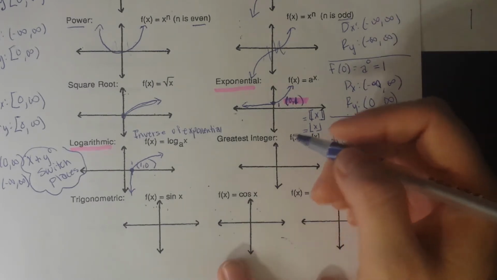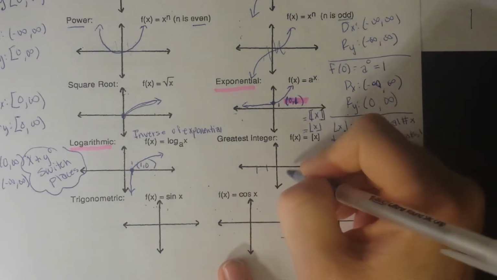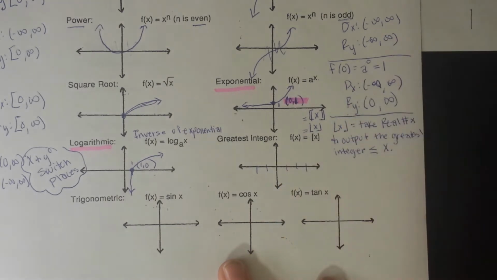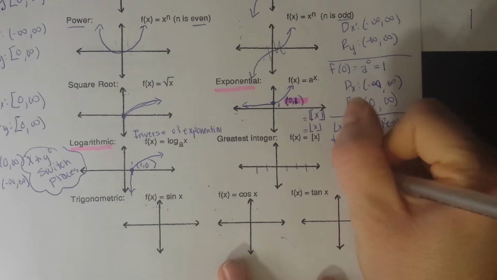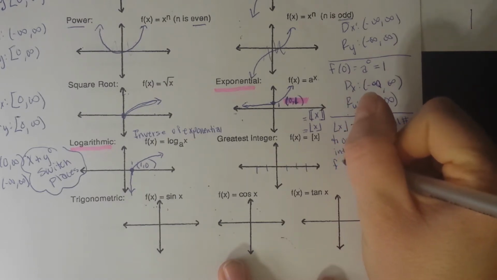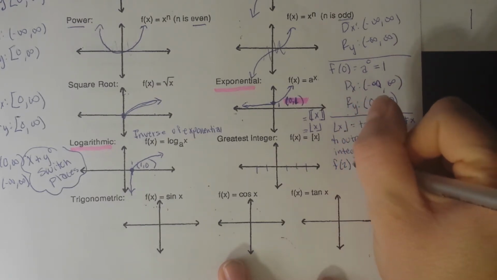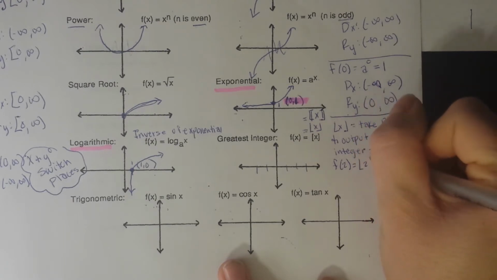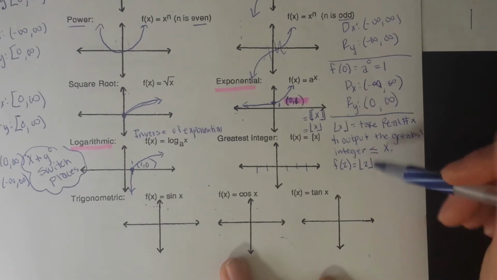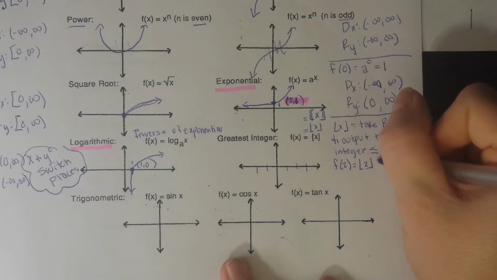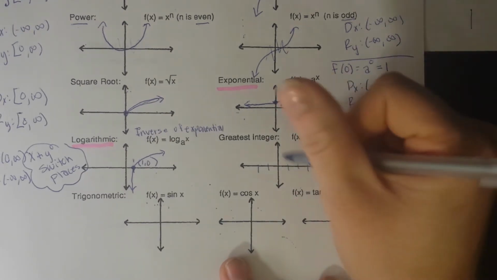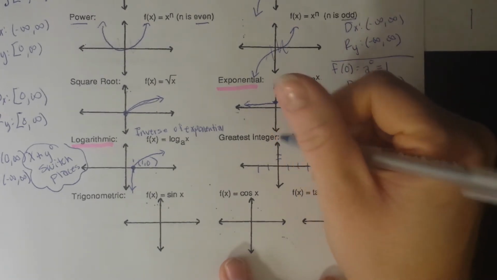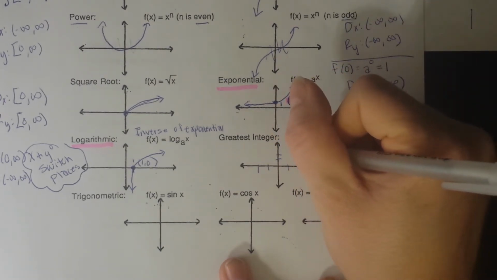So, quick examples. Let's get a couple things here. 1, 2, 3. If, say, we want to input f of 2, what is the greatest integer less than or equal to 2? Well, that would be 2 itself. So, if we input 2, we're going to get 2.